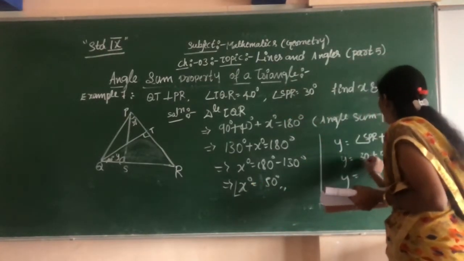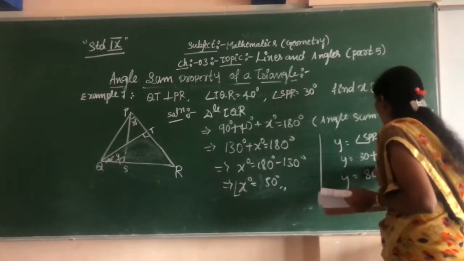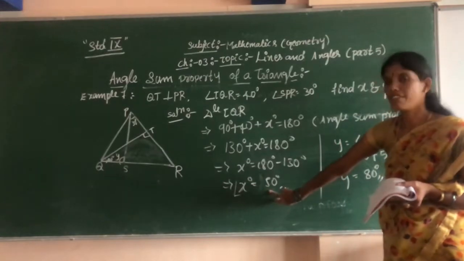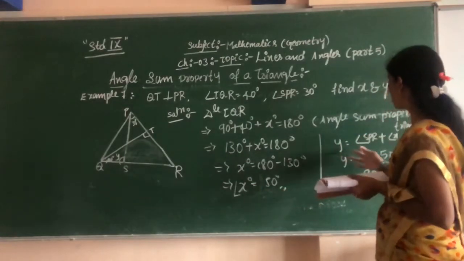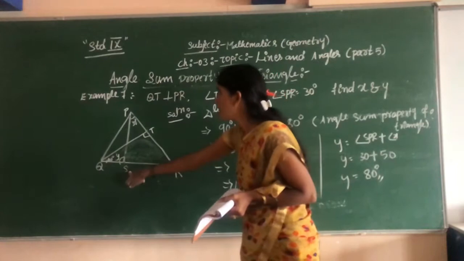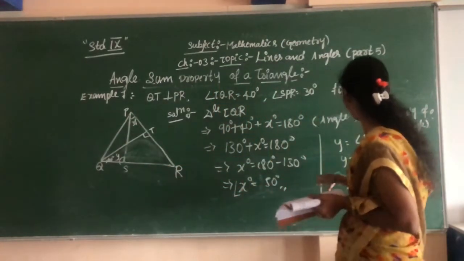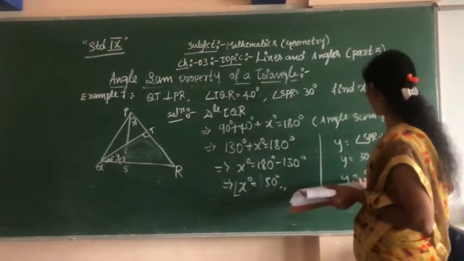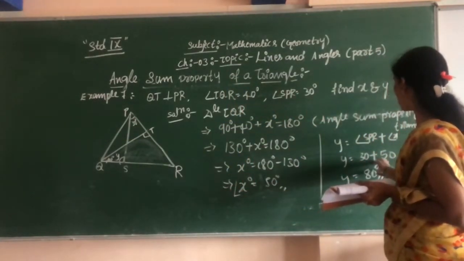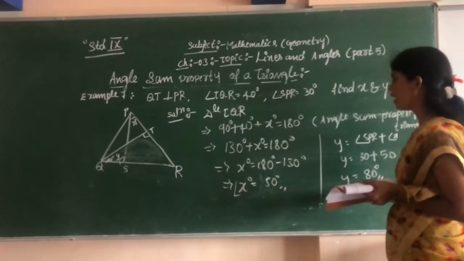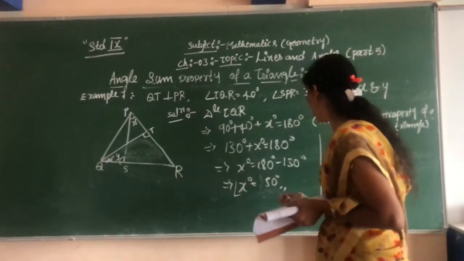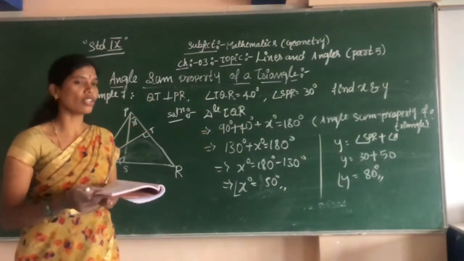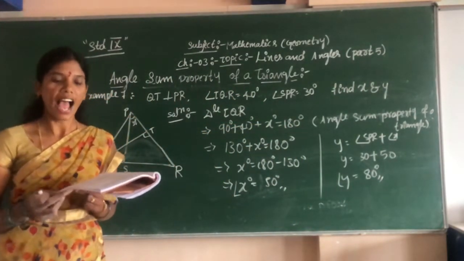So y is equal to 80 degrees. Angle SPR is 30 degrees and the value of x is 50 degrees, total 80 degrees. So x is equal to 50 and y is equal to 80 degrees. Children, I am going to show these angles and the property of a triangle.